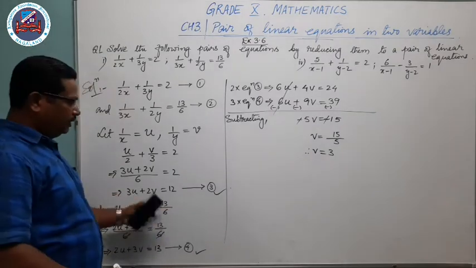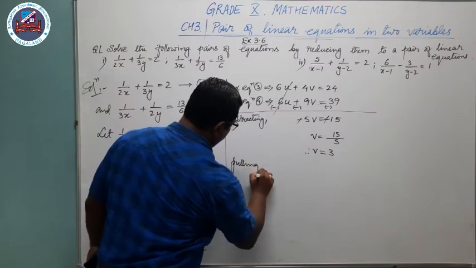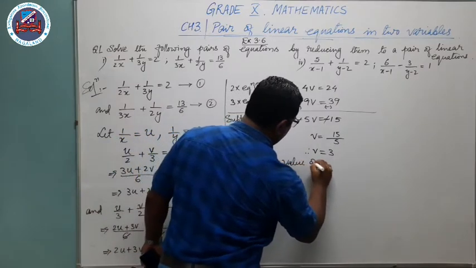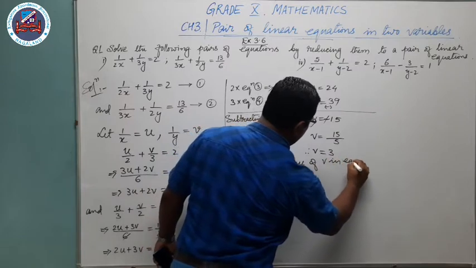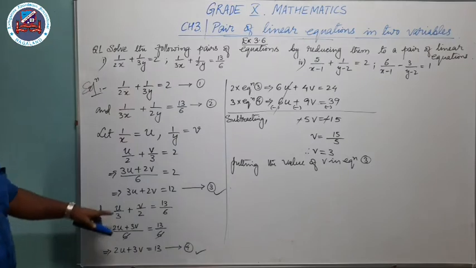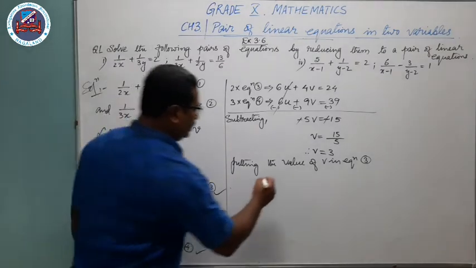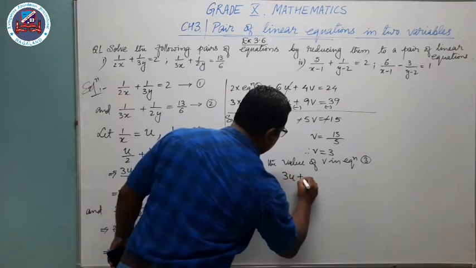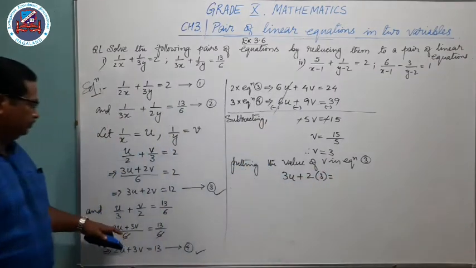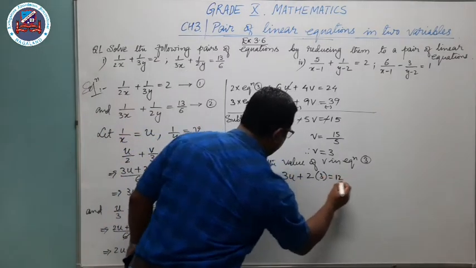You can put it in either equation 3 or 4. Putting the value of v in equation 3, 3u plus 2v is equal to 12.